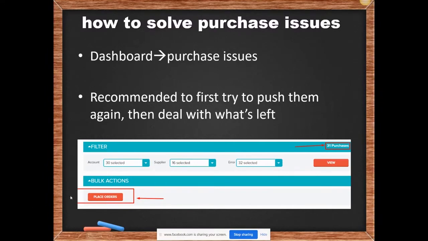So it's better to first click place orders, at the top of the purchase issues page, and then get back to it an hour later. What's left is what you have to deal with. It's what SaleFreaks can't push automatically.